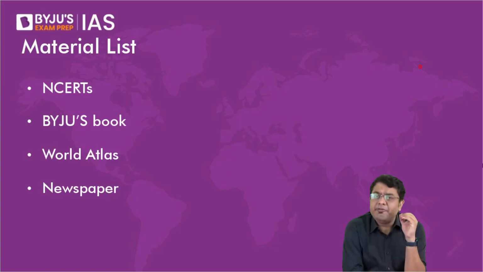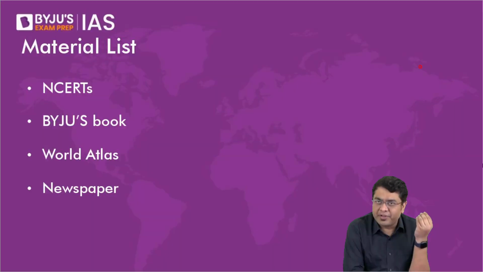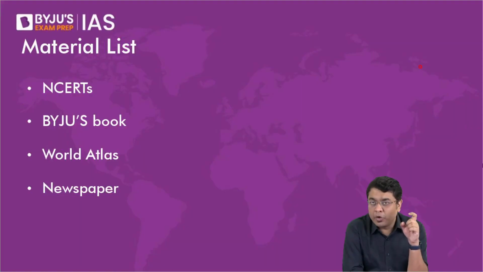Now let me be very clear here. As an aspirant for civil services, as a serious contender for this examination, I would advise you to keep the number of books that you are referring to the basic minimum. Please keep the number of books to the minimum.